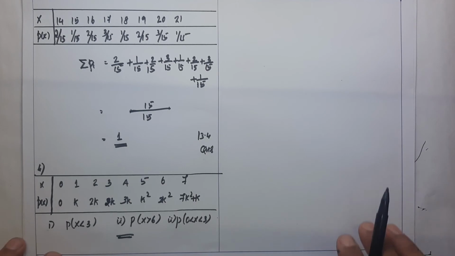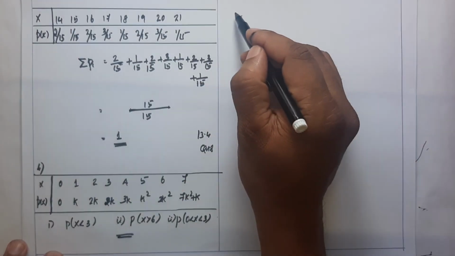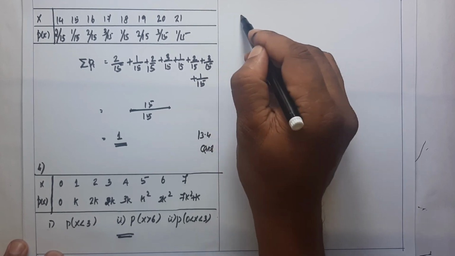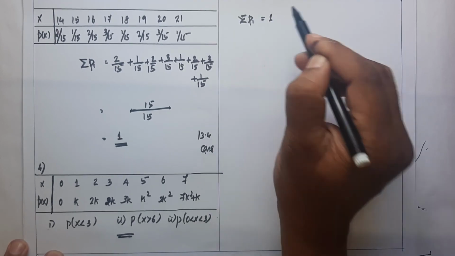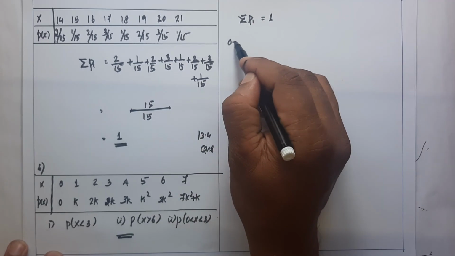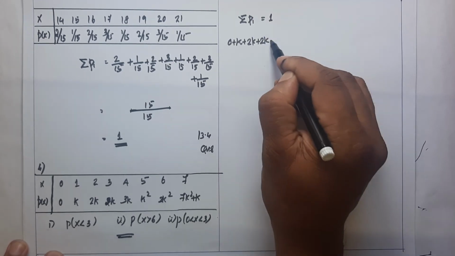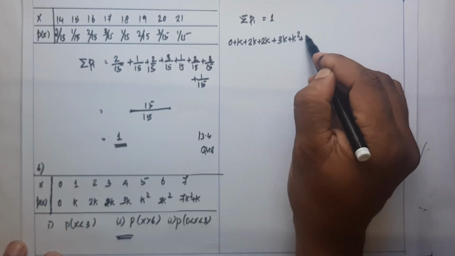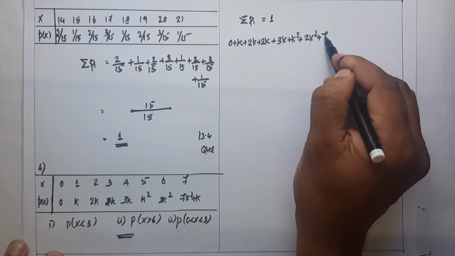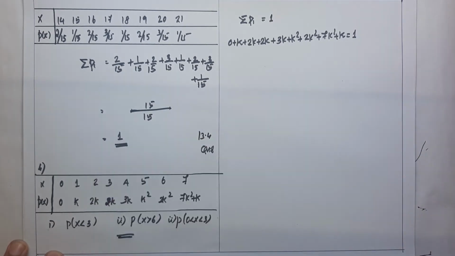Now let us start. First of all, we find the value of k. You know the sum of the probabilities, sigma p of i, is equal to 1. That means 0 plus k plus 2k plus 2k plus 3k plus k square plus 2k square plus 7k square plus k is equal to 1.